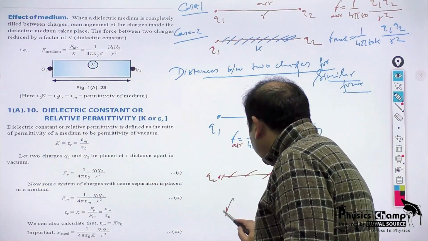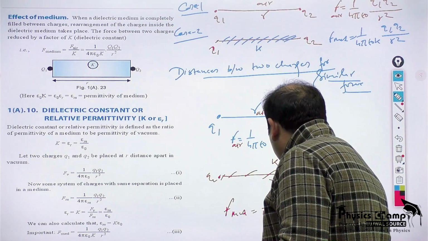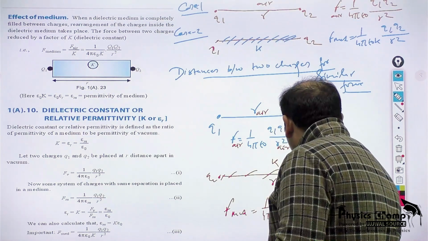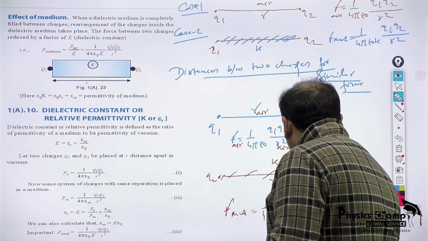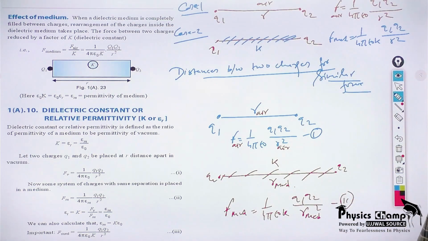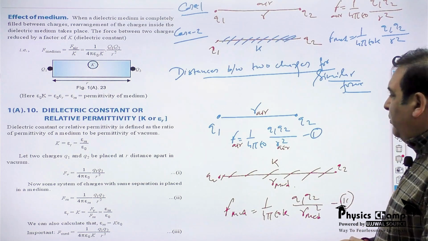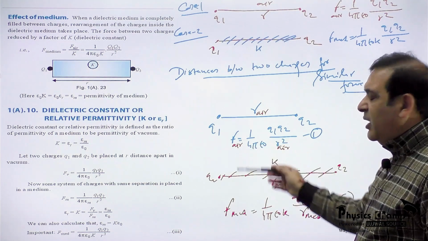So the force in the medium would be 1 over 4 pi epsilon naught K Q1 Q2 by r medium square, where we are looking for a situation where these two forces are the same.